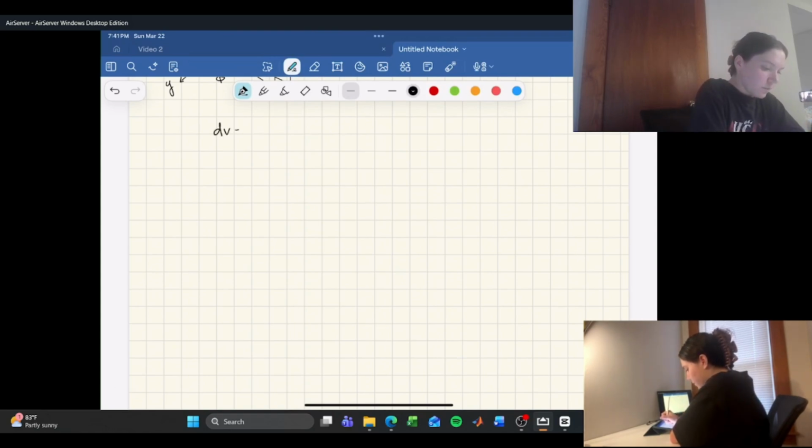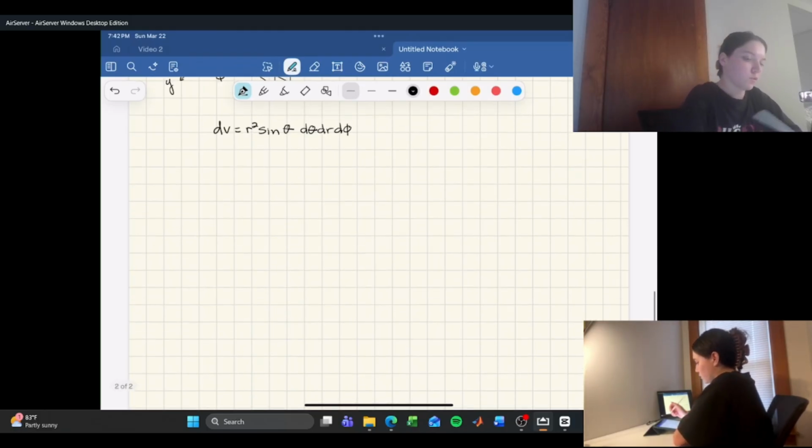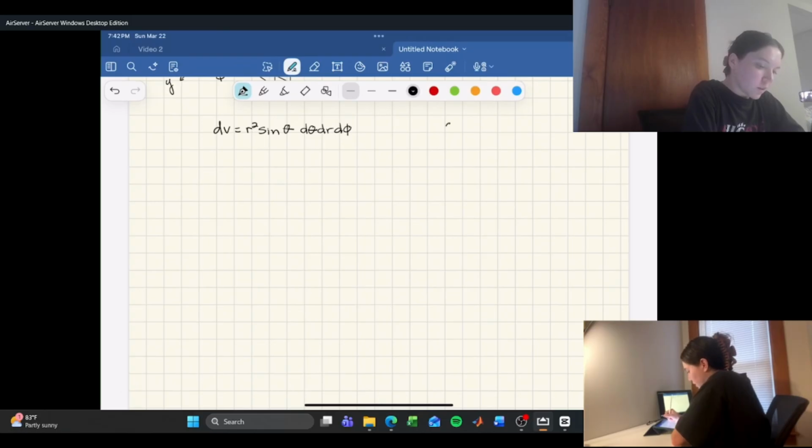It's going to be dV, and this is going to be equal to r squared, or the radius squared, times the sine of theta, and then this is going to be d theta, dr, and then d phi. And then just like the previous videos, it's still the same energy balance, that the energy stored is going to be equal to the net heat flow plus the energy generated.